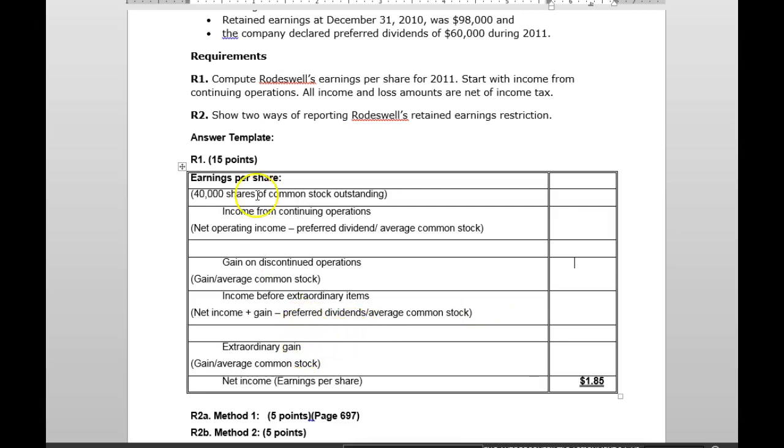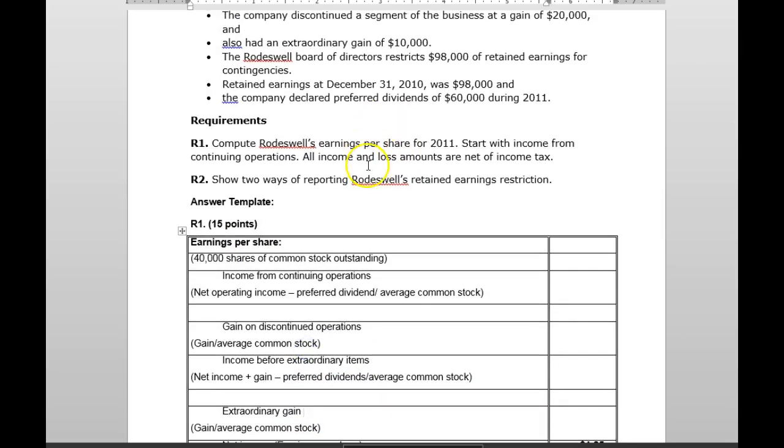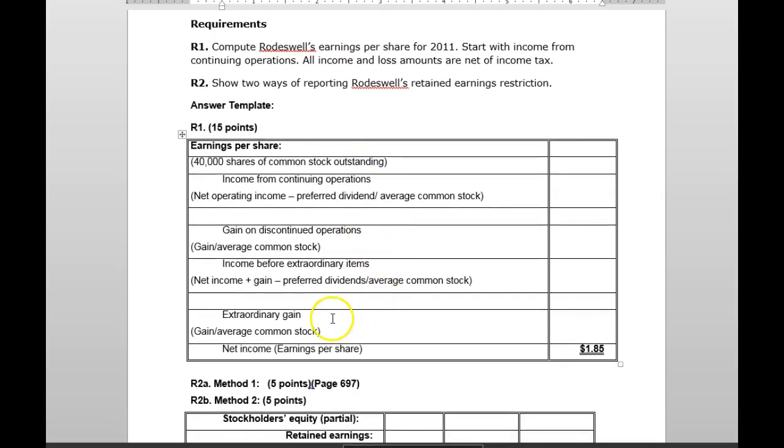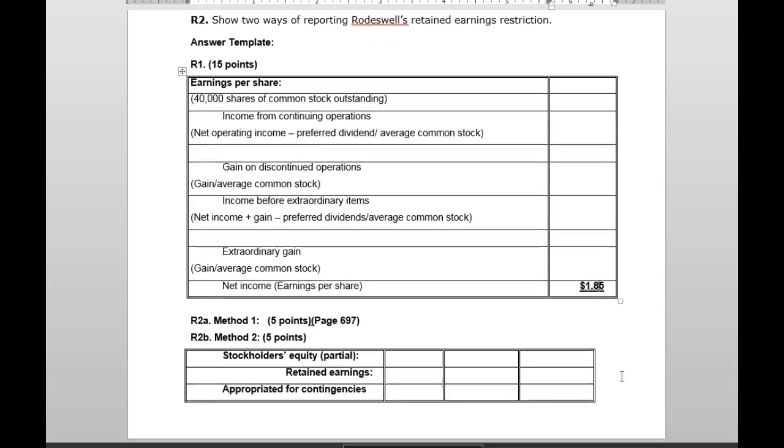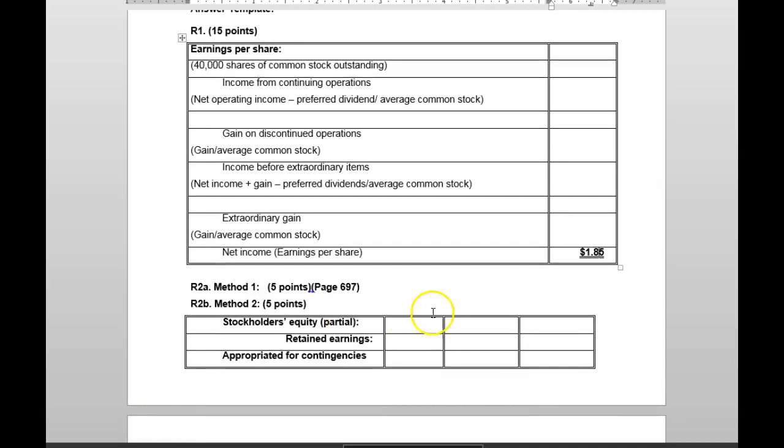You will then move down to the extraordinary gain of 10,000, and that will be divided by the 40,000 to give you your earnings per share for the extraordinary gain. Then you will add up this and this, and it should equal $1.85 earnings per share.